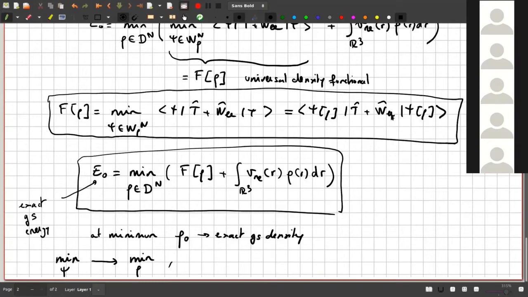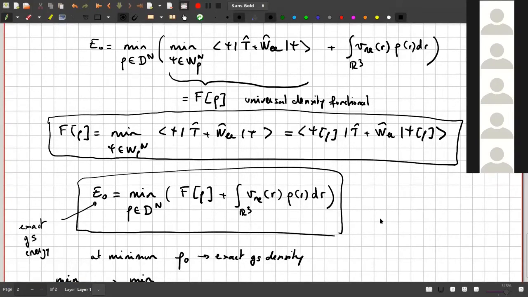Just a remark before we go on to the Kohn-Sham scheme. Here, the functional, as I told you, is called the Levy-Lieb functional. There is an extension of this functional called just the Lieb functional, which can be found from the so-called Legendre transformation, and it can be seen as an extension where you don't vary over simply some wave function, but now you vary with respect to ensemble density matrices.